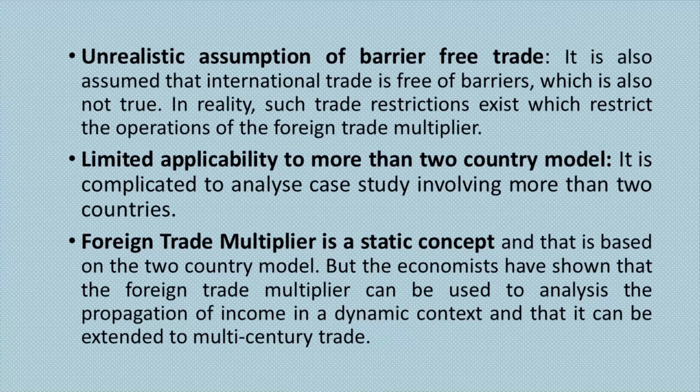And then finally, to end this class, we talk about foreign trade multiplier as a concept. It is a very static concept. We keep too many things under check, and we talk about only two countries. We talk about fixed exchange rate.